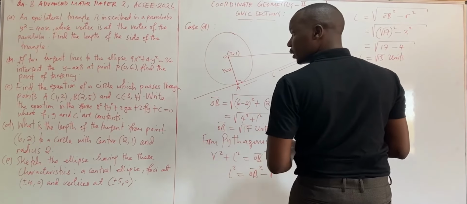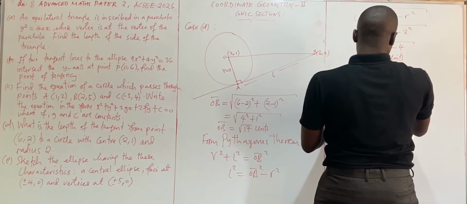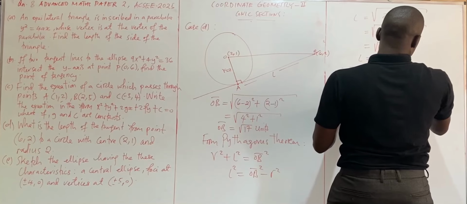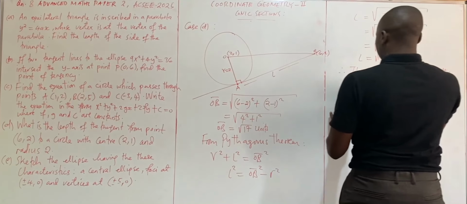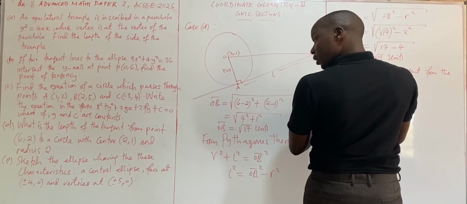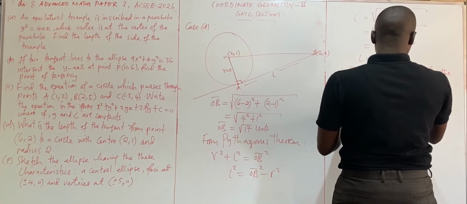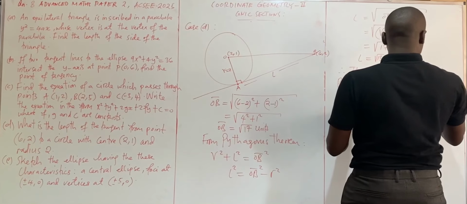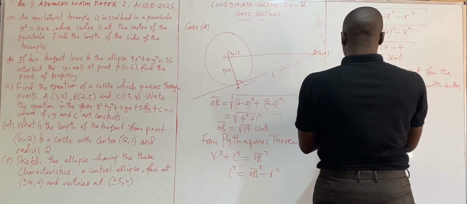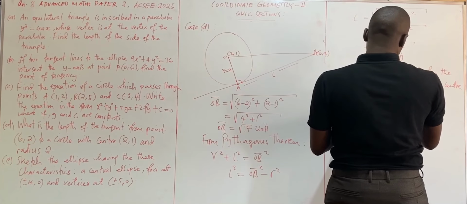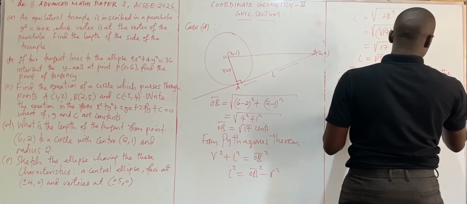So now we conclude and say the length of the tangent from the point (6, 2) to the circle with center (2, 1) and radius of 2 units is the radical of 13 units.